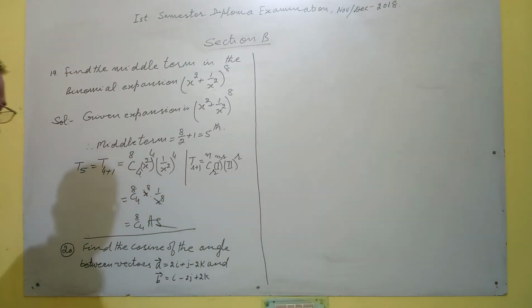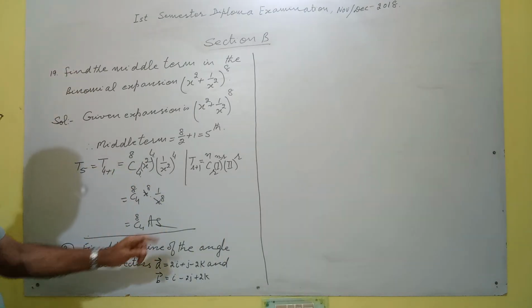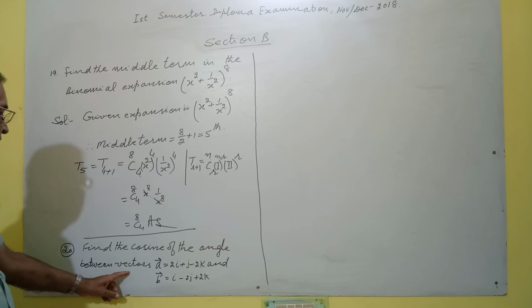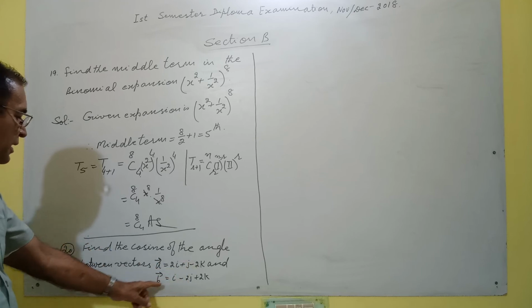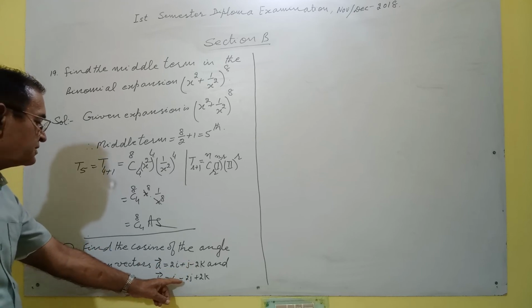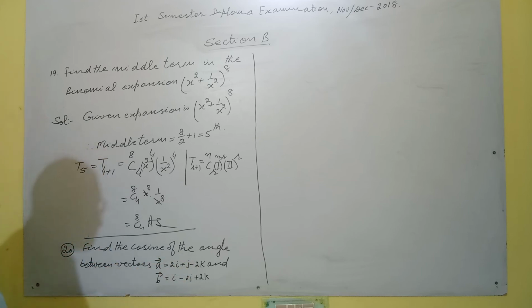Question 20th. Find the cosine of the angle between the vectors A, 2i plus j minus 2k, and B, i minus 2j plus 2k.